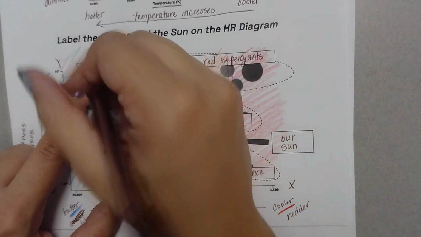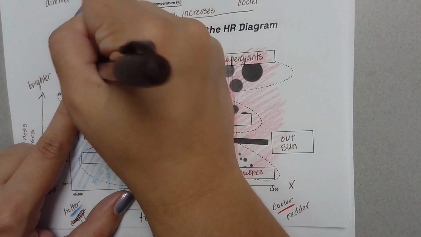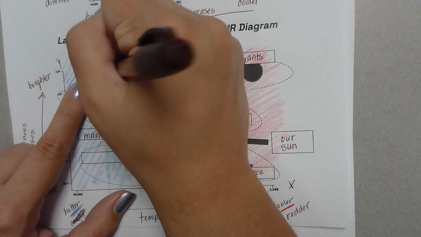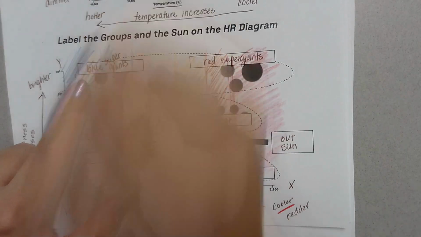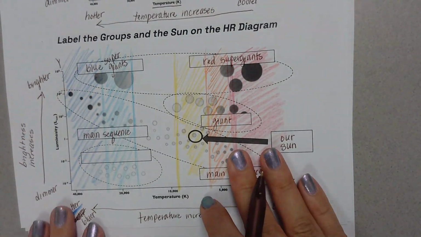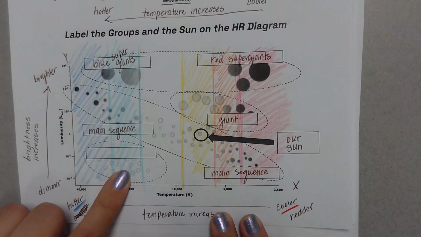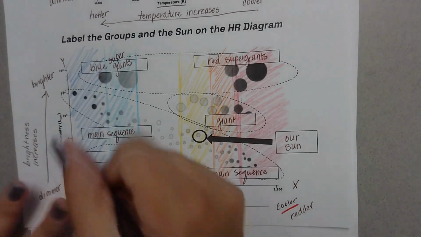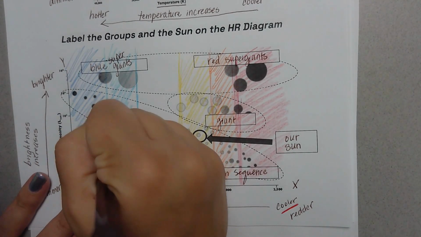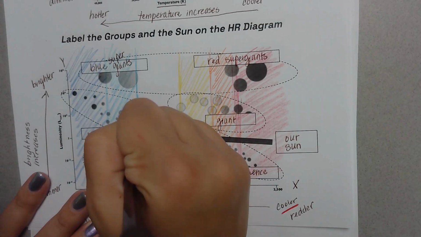And then we have the hotter supergiants, which are our blue supergiants. And then finally, we have our last group down here. These are very dim, but they're very hot. And these are our white dwarf stars.